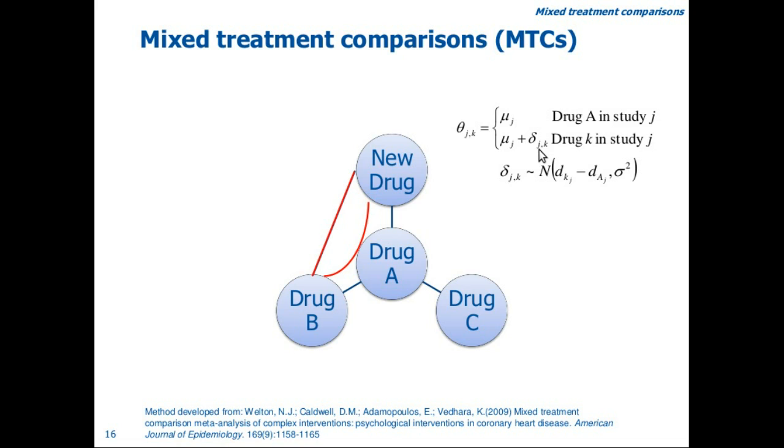Now to complete the random effects model, we need a distribution for our comparative treatment effect. This just shows that delta for each drug follows a normal distribution with mean D relative to the effect A, that's dA, and variance sigma squared.